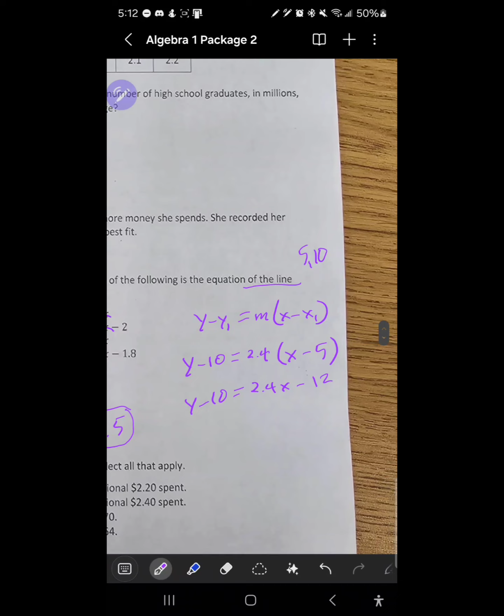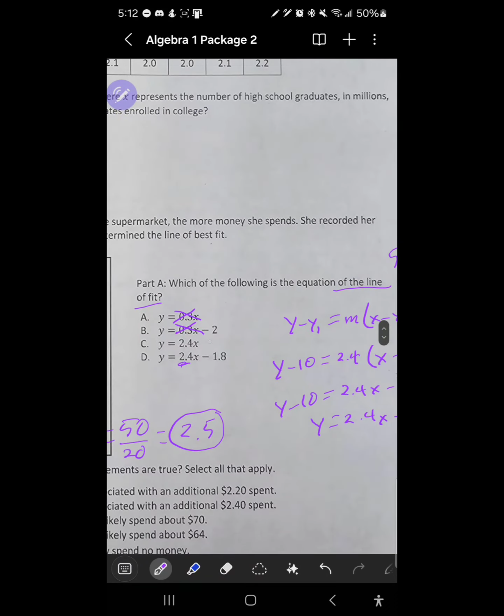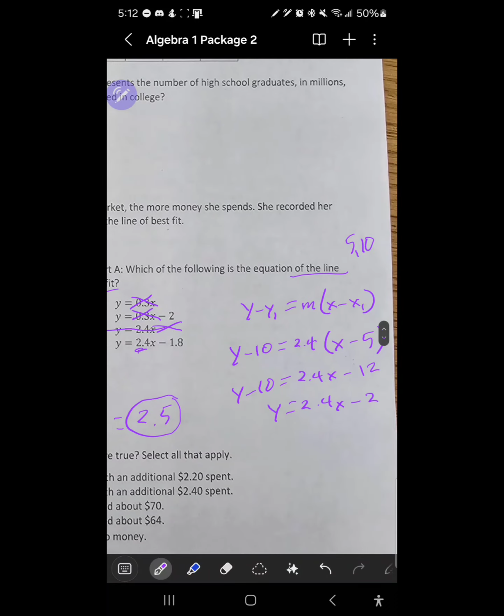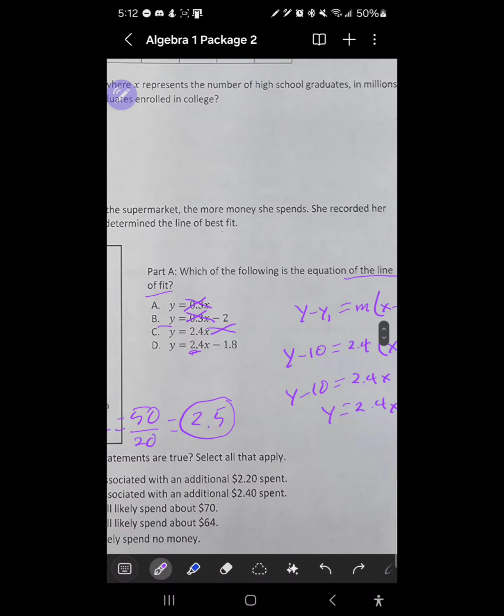So I'm going to add 10 to each side. And I get y equals 2.4x minus 2. And so we could get away with C because it says that the y-intercept is 0 and we're not looking for that. And we see that our correct answer is D.